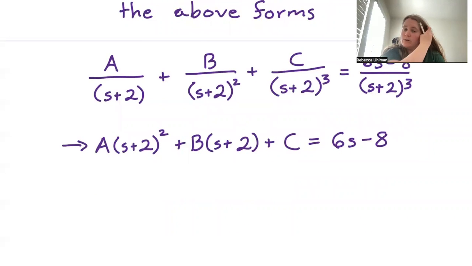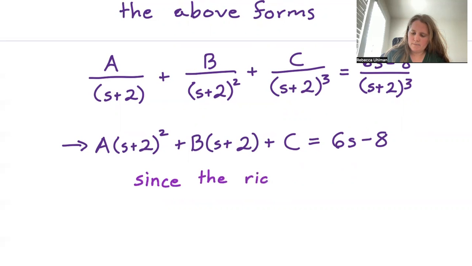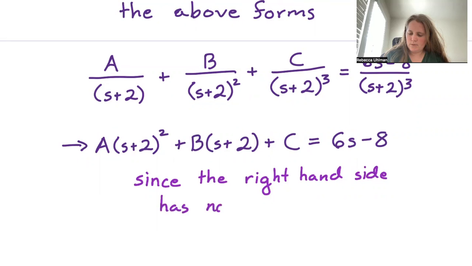First thing we can do is note that since the right-hand side has no s squared term, we know immediately that A has to equal 0.